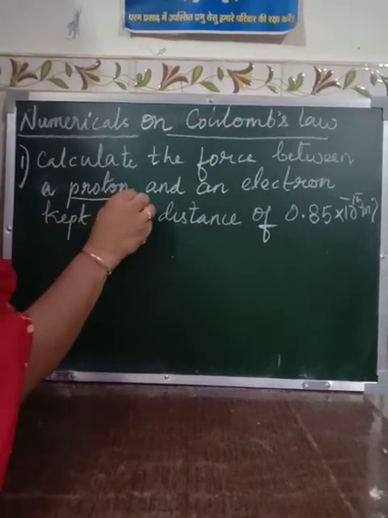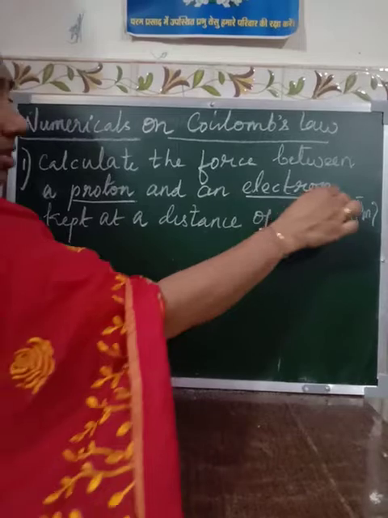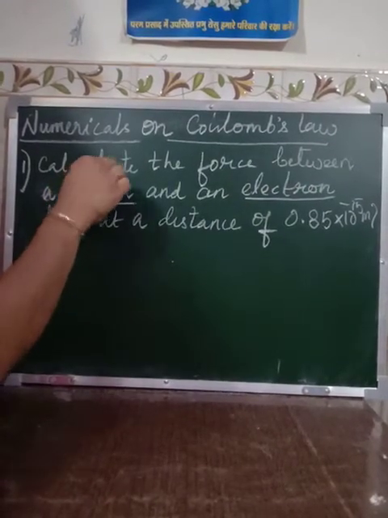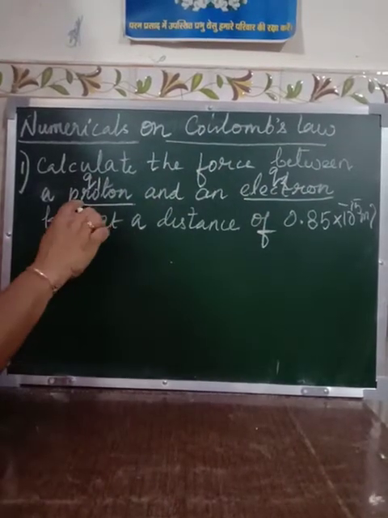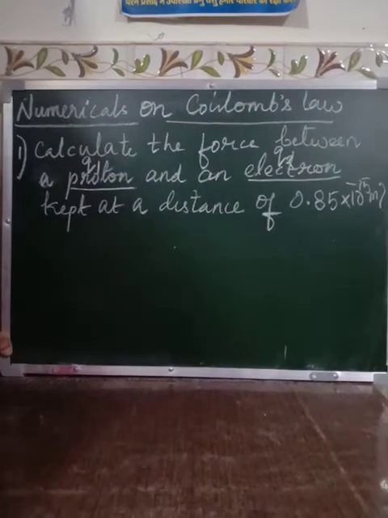Here the one charge is the charge of proton, another charge is the charge of electron. So this is Q1, this is Q2. So we have got two charged bodies, Q1 and Q2, which are two point charges.